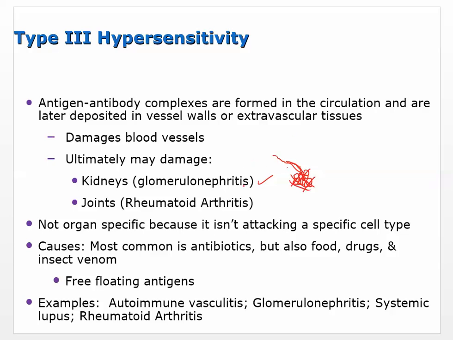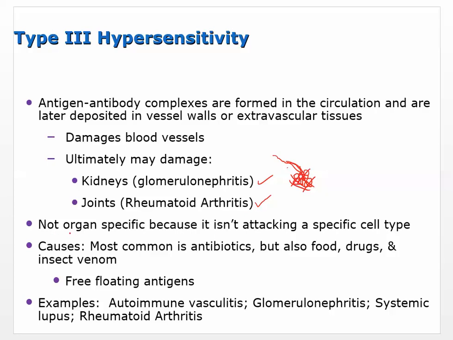It also tends to move into joints for whatever reason. It tends to collect in joints and causes rheumatoid arthritis. Okay, so the exact mechanism of how rheumatoid arthritis happens is not really known, but they know that it starts out as this type 3 hypersensitivity, and you see this deposit of these immune antigen complexes, and then the body will attack those and it damages the joints.